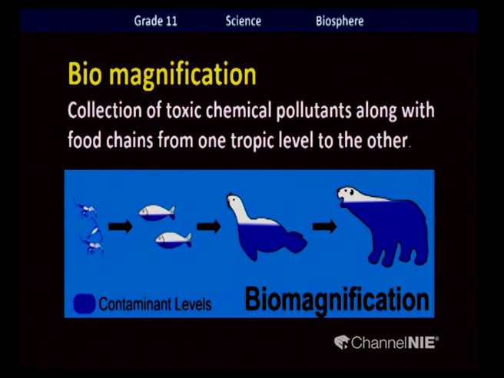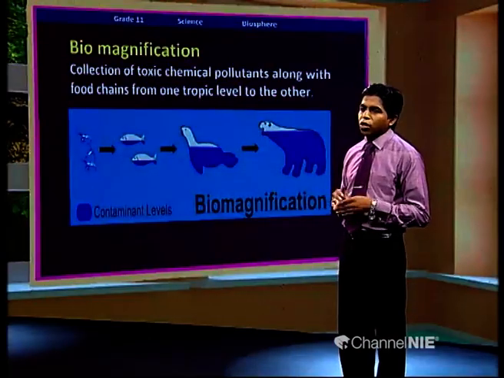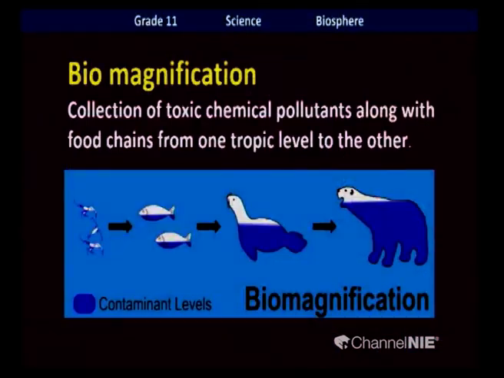Therefore, in a food chain, organisms in the higher trophic level, the top carnivores, have a higher level of toxic chemical per unit mass. So when you eat meat items, you get more toxic chemicals into your body. You can see in the sea lion, the third link, the contaminant level is indicated by this blue color.